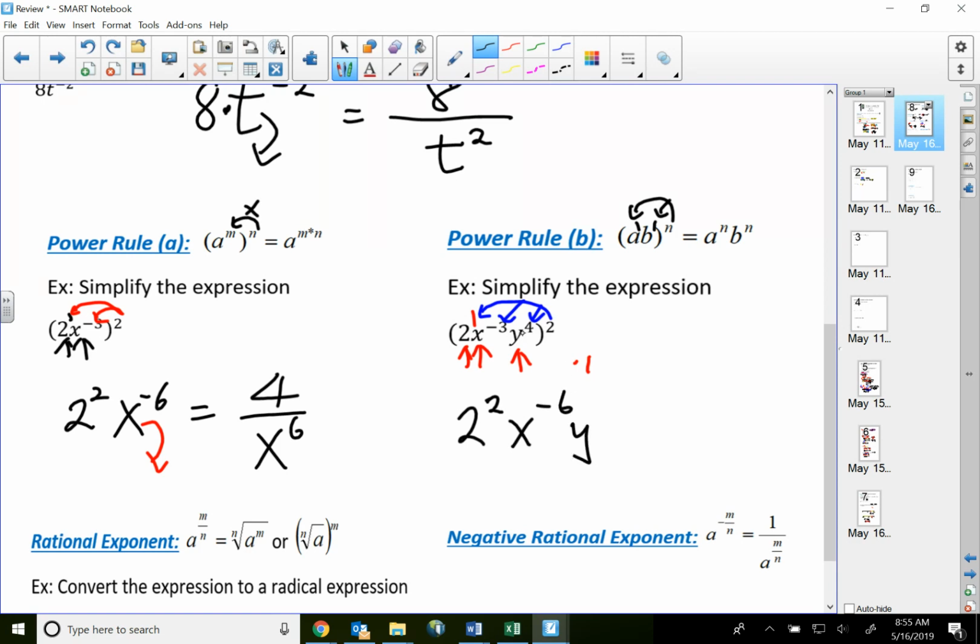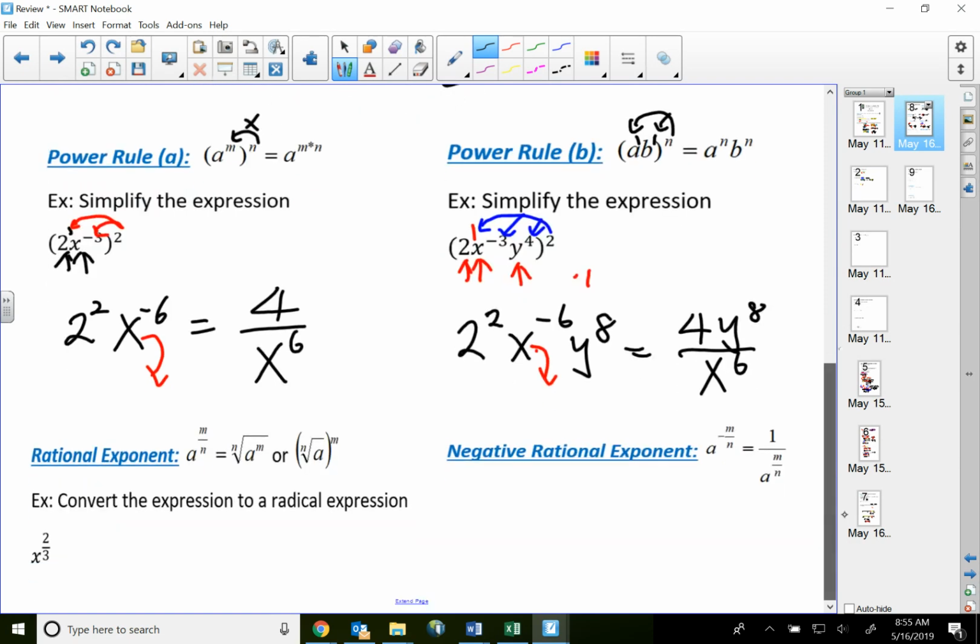My y will be to the 8th power, coming out of the parentheses. Since the base x has a negative exponent, that will flip to the other side of the fraction, because right now everybody is sitting on the numerator over 1. So 2 squared is 4, and remains on top. y to the 8th remains on top, over x, which comes to the bottom and becomes a positive 6th power.